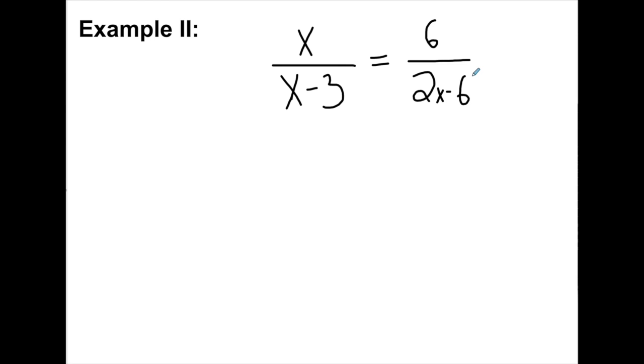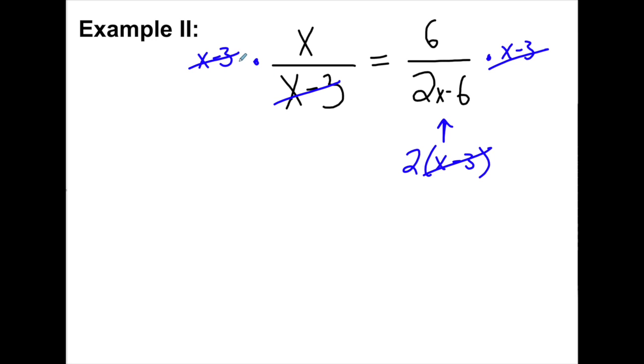So what about this example here? I wonder how we could use that here. I start to look at 2x minus 6, and I see that this is equal to 2 times x minus 3. Perfect. I'll multiply this times x minus 3, and I'll multiply this times x minus 3, because then this and this will cancel, and this will cancel.